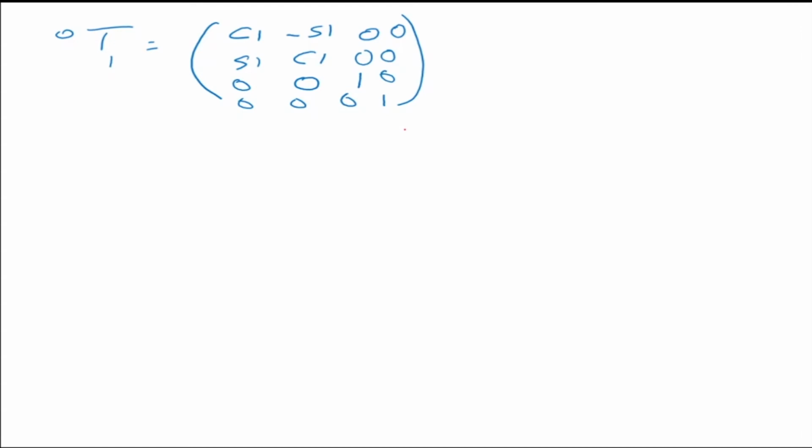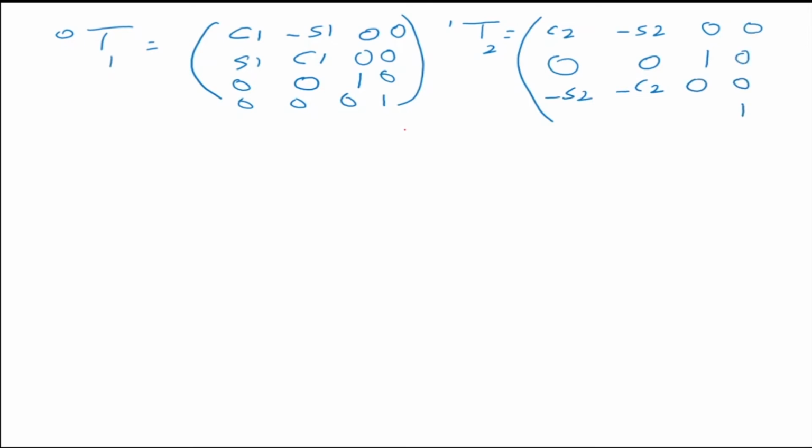The second one, there is a rotation of 90 degrees, so what we get is T1 to 2: cos 2, minus sin 2, 0, 1, 0, 0, minus sin 2, minus cos 2, 0, 0, 0, 0, 1, 0, 0, 0.